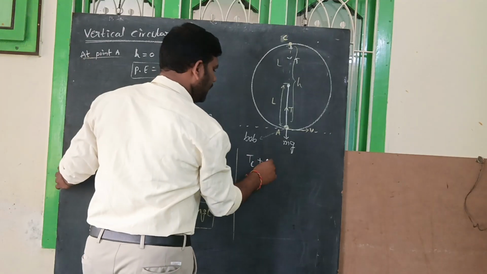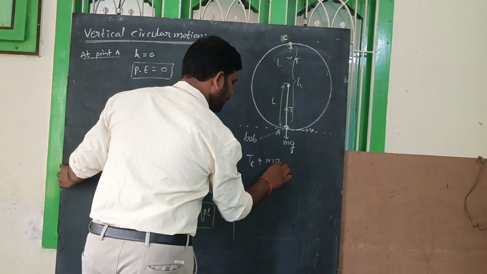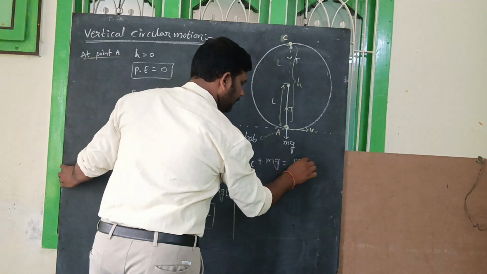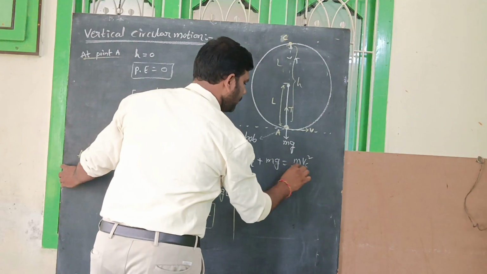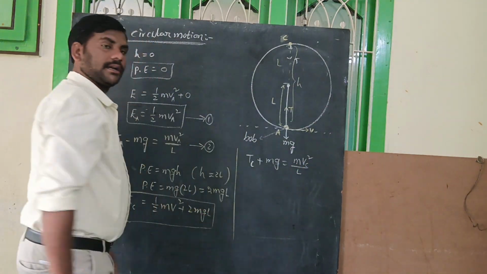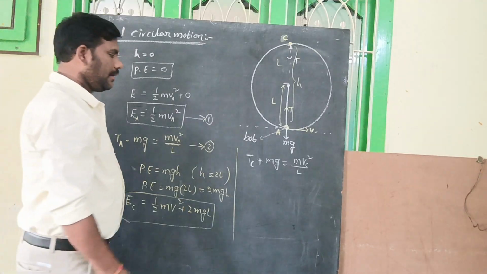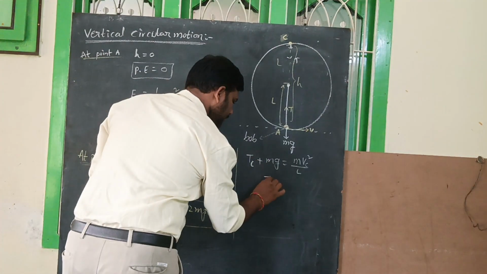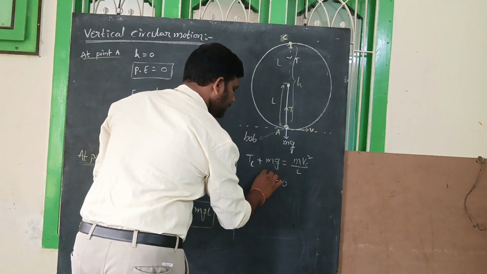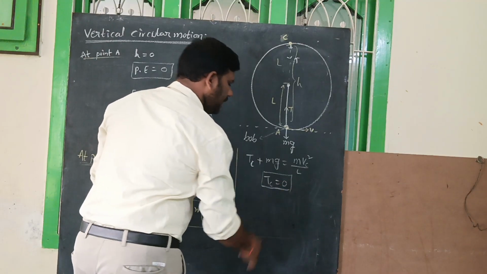So T_C plus mg is equal to m v_C square by L. But here the tensional force is zero at the highest point.